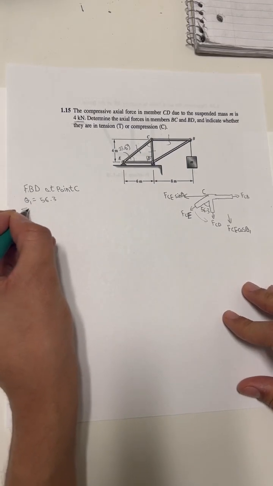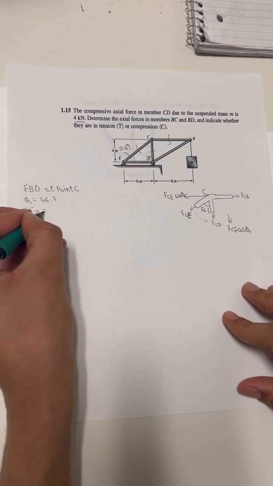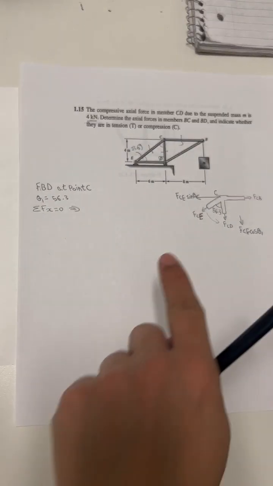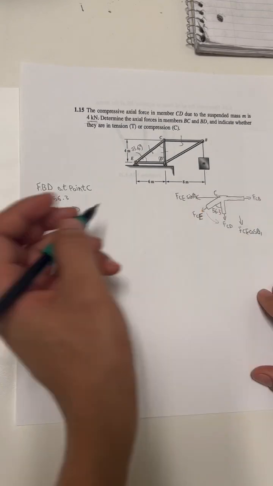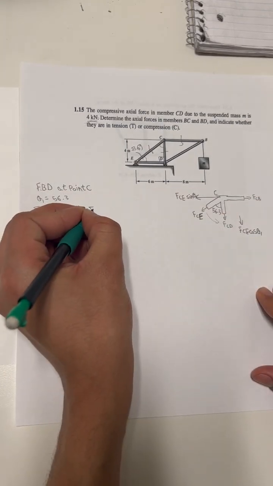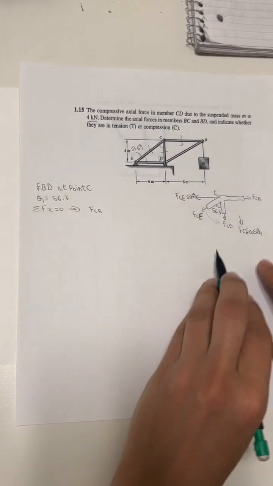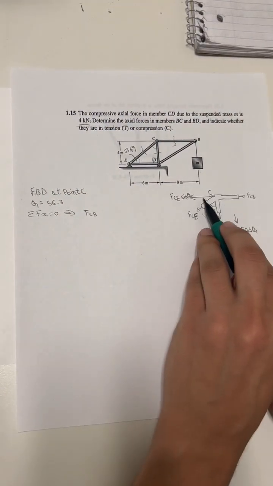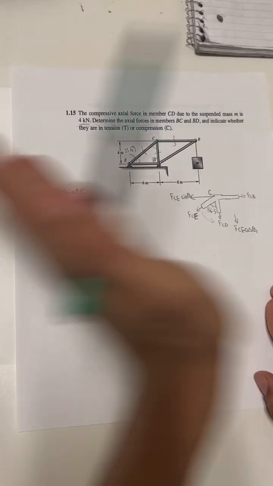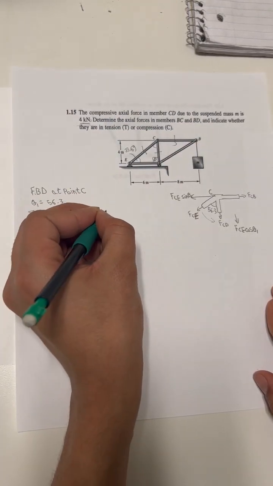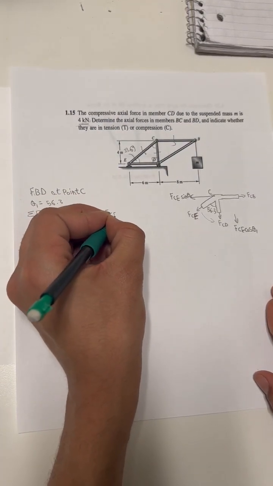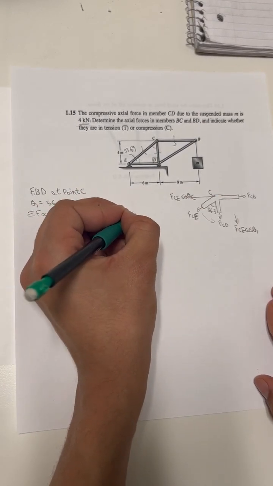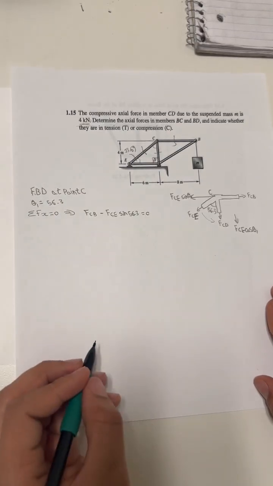We'll start with the summation of forces in x equals 0, because it's equilibrium. Look at the x-axis. We'll have FCB going in this direction, and FCE sine theta in the opposite direction, so that's negative FCE sine 56.3 equals 0.